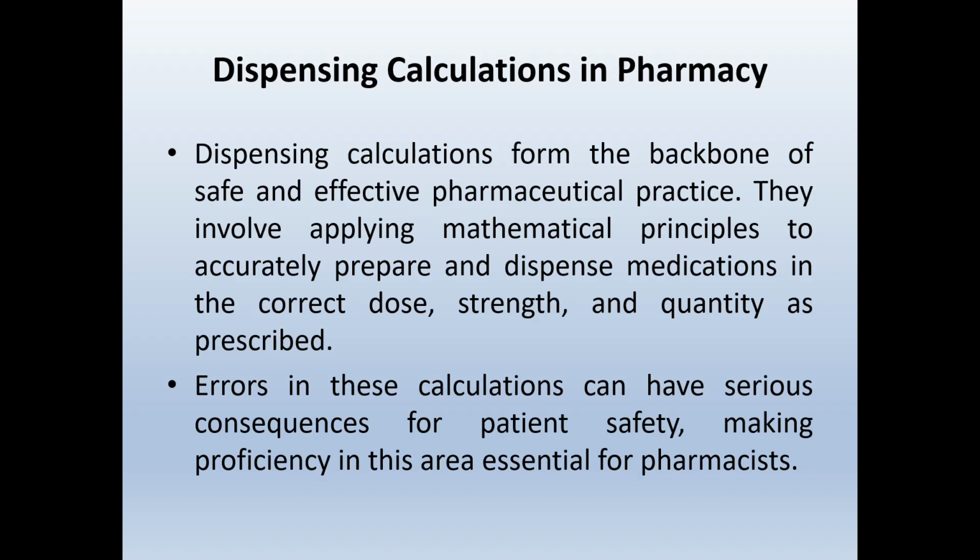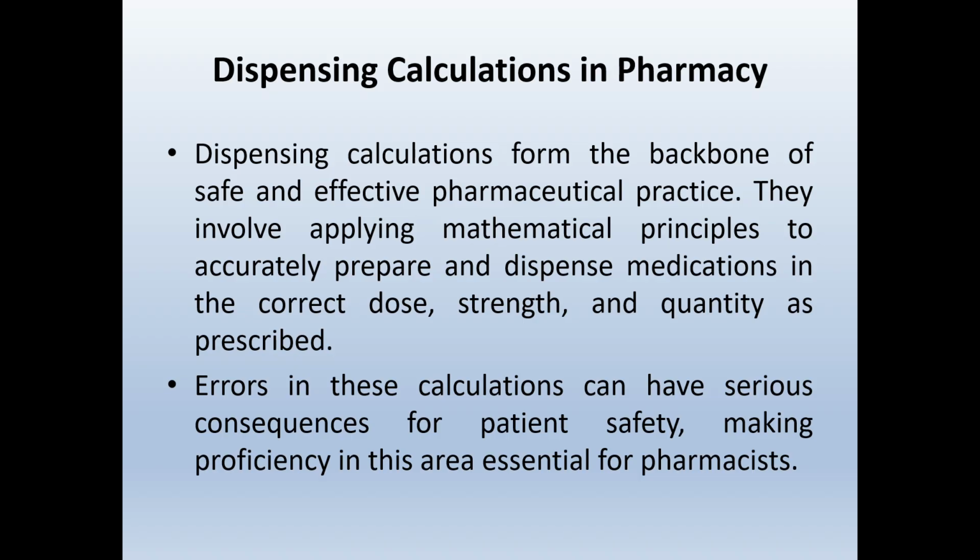Right? Now we'll continue. Errors in these calculations can have serious consequences for patient safety, making proficiency in this area essential for pharmacists and pharmacy technicians as well. Just like I've said earlier, you dispense what has been prescribed.